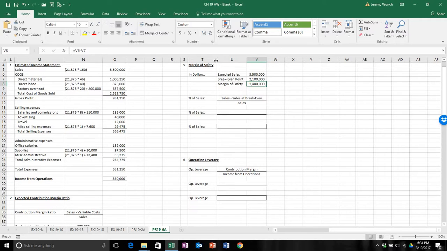Then it asks us to do the margin of safety as a percent of sales. So that's just margin of safety, sales minus break even. That's our 1.4, and divide that by our sales.